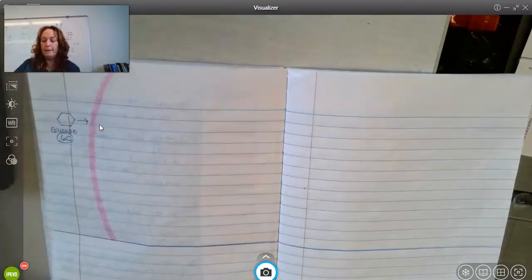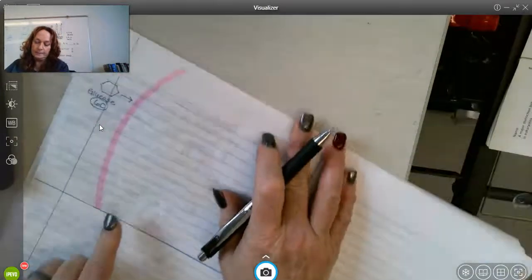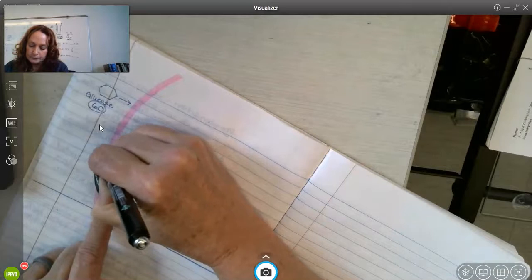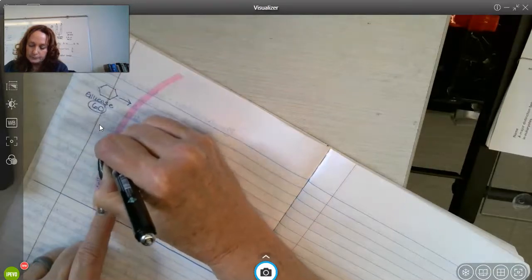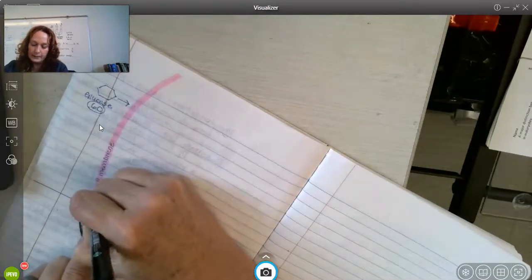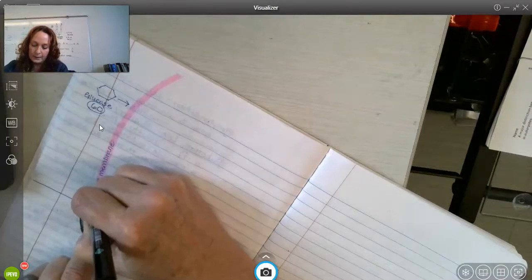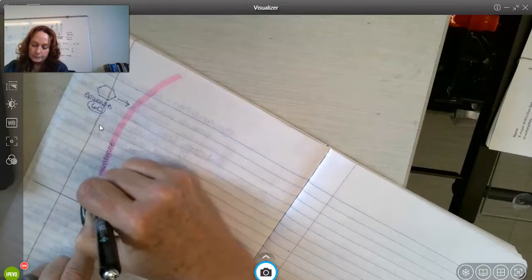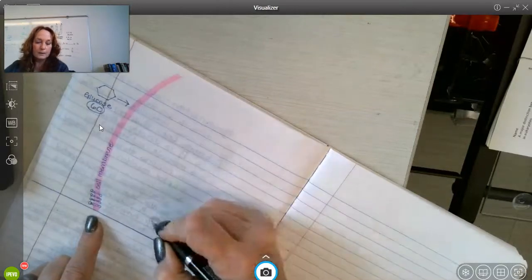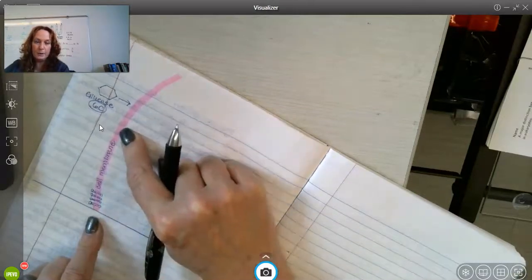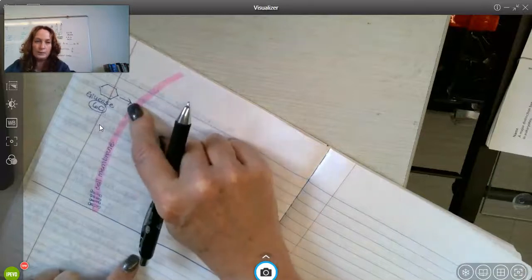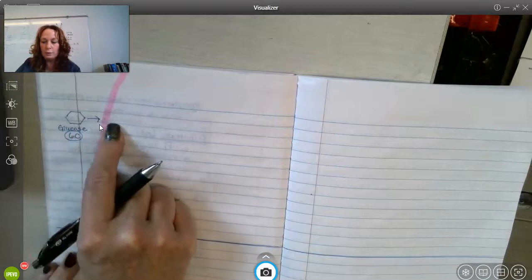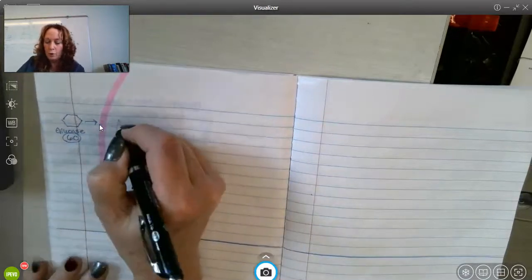So I'm going to let this be my cell membrane. I'll remind myself of what I did not draw: that it is a phospholipid bilayer, and we'll come and put some more detail in here later, but glucose is going to come into the cell, so I'm going to just draw it again.